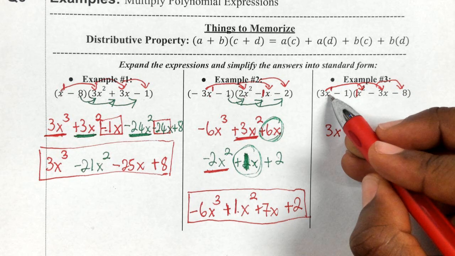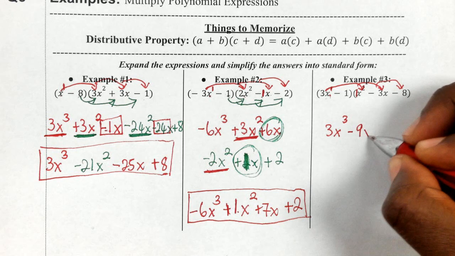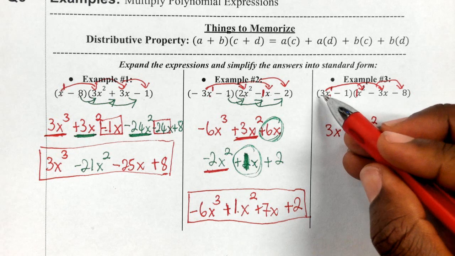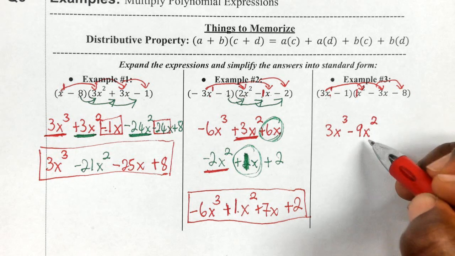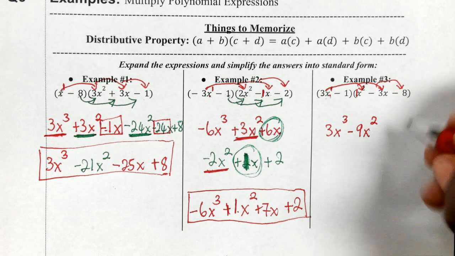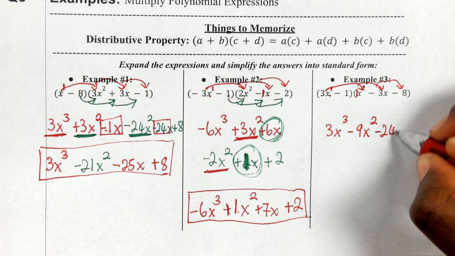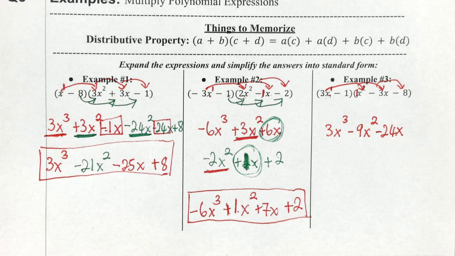Okay? 3x multiplied by negative 3x gives me negative 9x squared. Because again, 3 times negative 3 is negative 9. X times x is x squared. 3x multiplied by negative 8 is negative 24x. Alright, because 3 times negative 8 is negative 24.